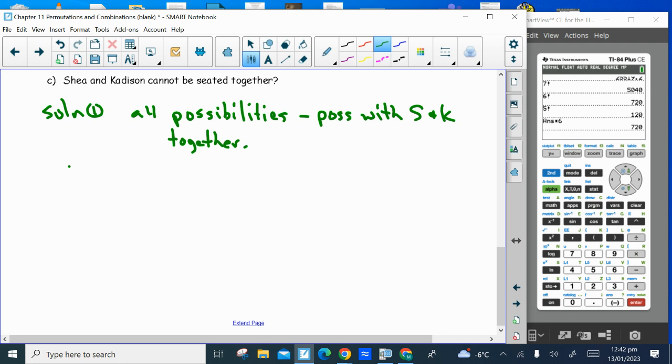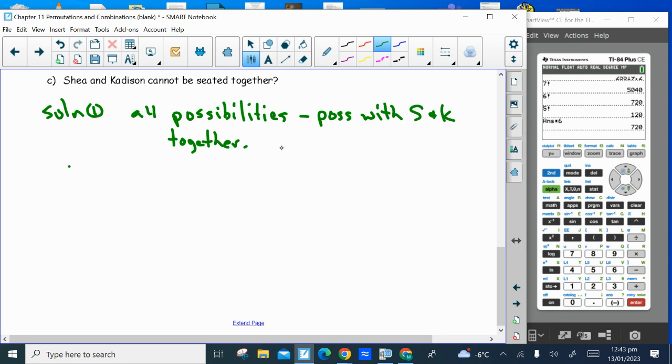Either they will be together, those 2, or they will be separated. Those are the only 2 things. If you take the number of ways that they can be seated together and the number of ways that they can be separated and add them together, you'll get all possible scenarios. Because nothing else can happen. Either they are both together or they're separated.